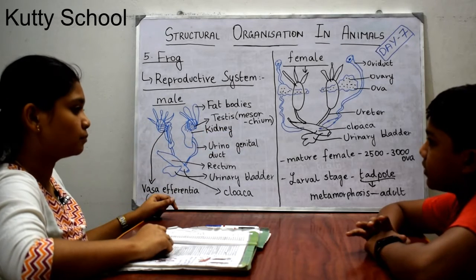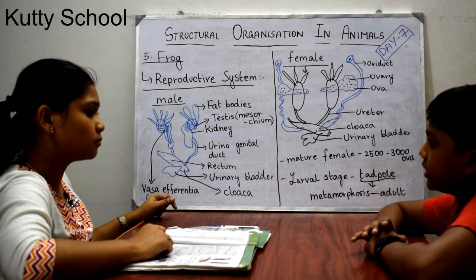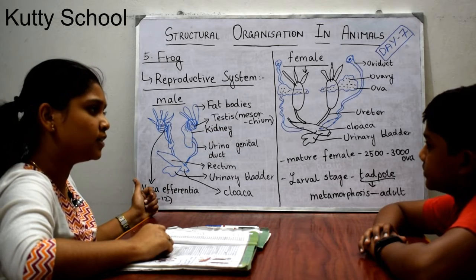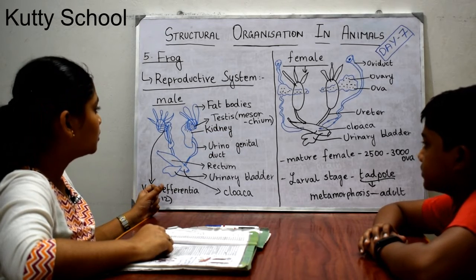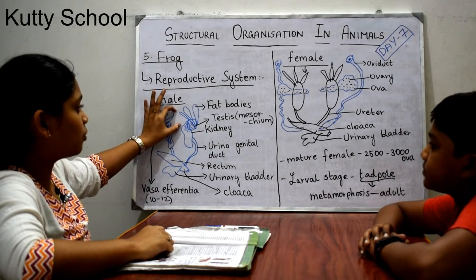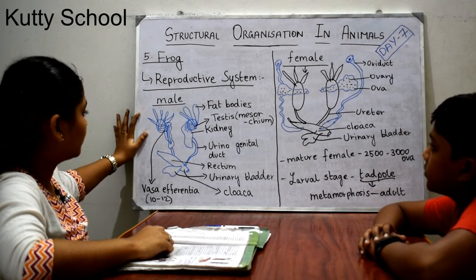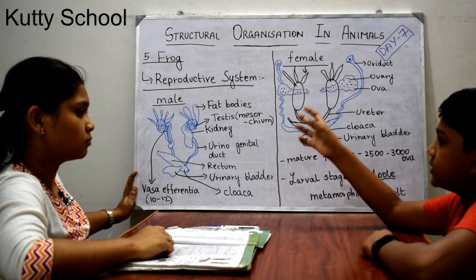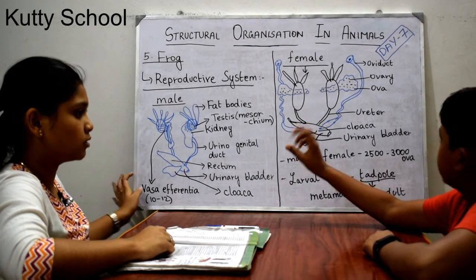Do they have nephrons? Yes, in the kidneys they have nephrons; we have already seen this in the excretory system. Above the kidneys, above the testes, there are fat bodies present. When the frog has no energy, it will make use of the fat.